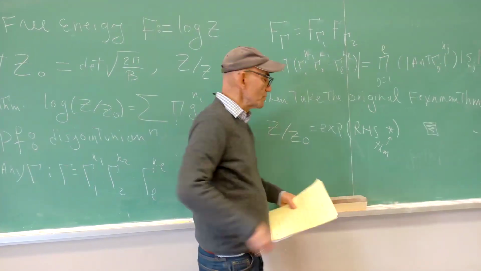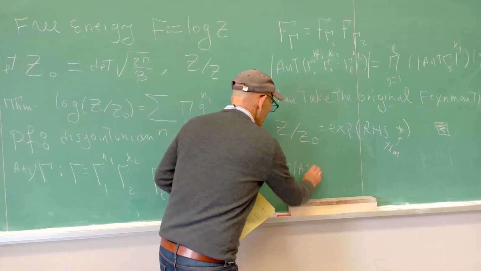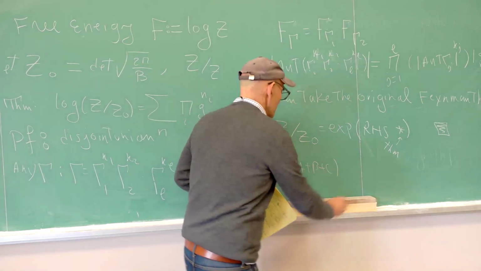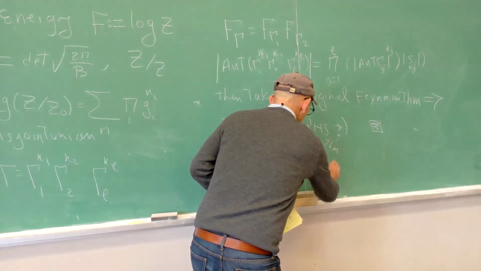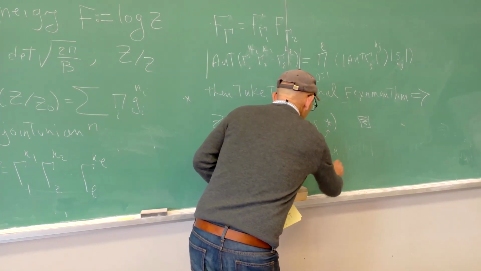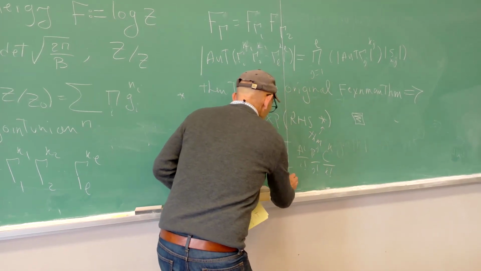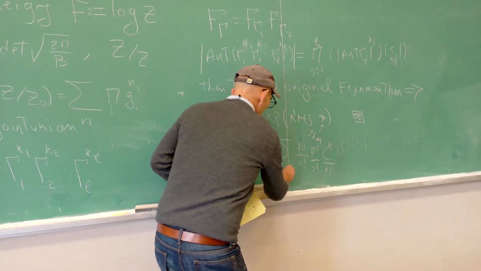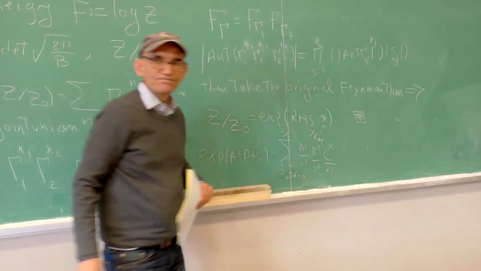So basically what we are using is formulas like exponential of a plus b plus c, etc., is equal to the sum of a^i over i factorial, b^j over j factorial, c^k over k factorial, with i, j, k from 0 up to infinity.